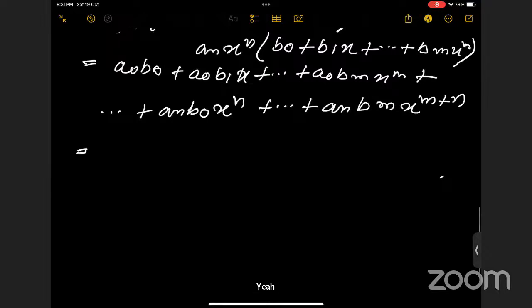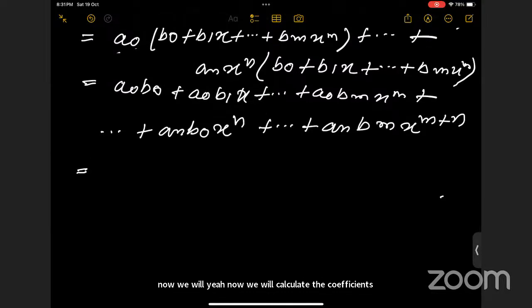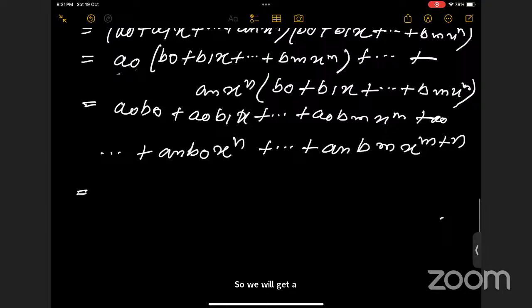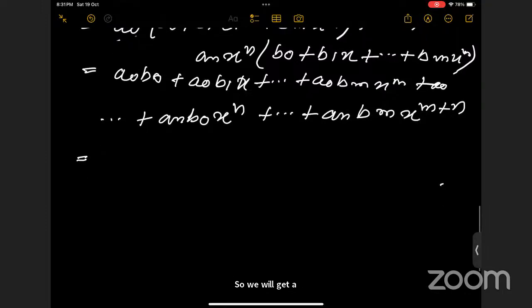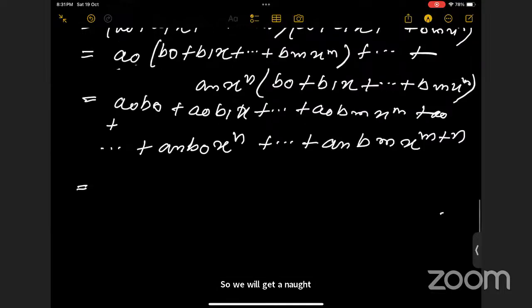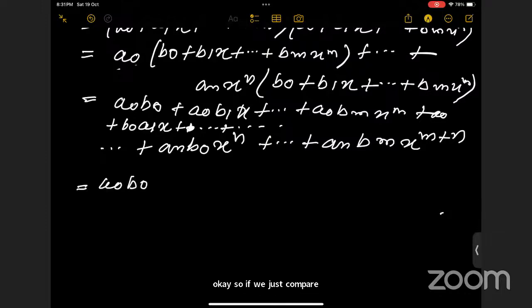Now we will calculate the coefficients. If we write just two more terms, we will get a_0 b_0, and here there will be one term b_0 a_1 x plus some other terms. If we compare, the constant term will be a_0 b_0.